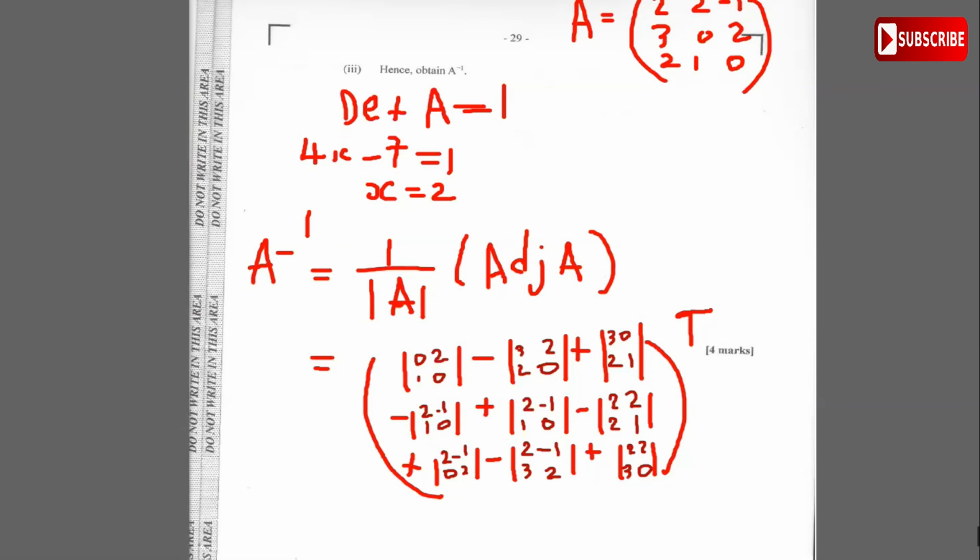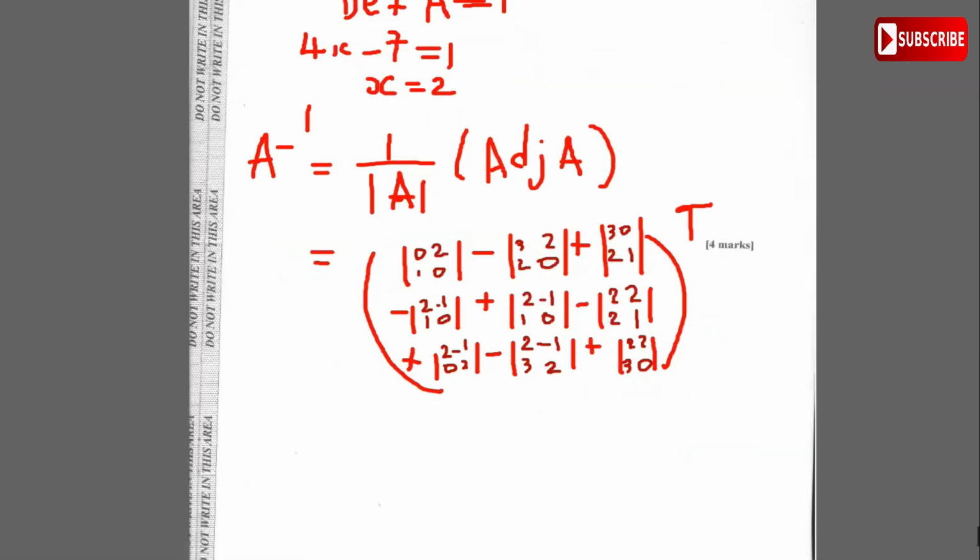So now that we have the cofactor matrix, we can go ahead and simplify it. And so we're going to get that A inverse is equal to, working this out, 0 minus 2 is minus 2. This is now 0 minus 4, minus 4 is 4. This is now 3 minus 0 is 3. This is now 0 plus 1, and the minus of plus 1 is minus 1.